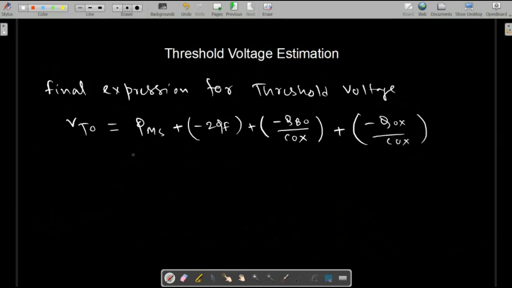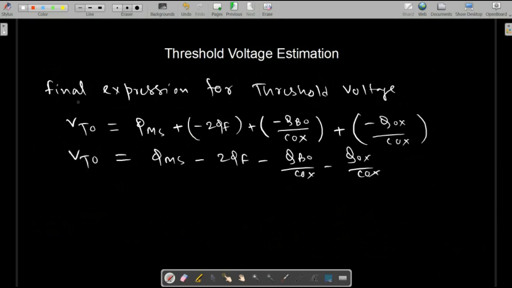Okay. So that means it is coming like this: phi ms minus 2 phi f minus QB0 by COX minus QOX by COX. So that is VT0. Okay.